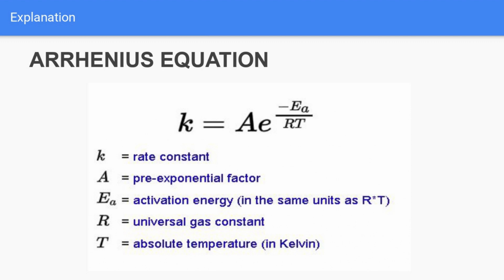If we express the activation energy in terms of energy per reactant molecule, this is not energy per mole, but it is energy per reactant molecule, we should use Boltzmann constant in the Arrhenius equation.